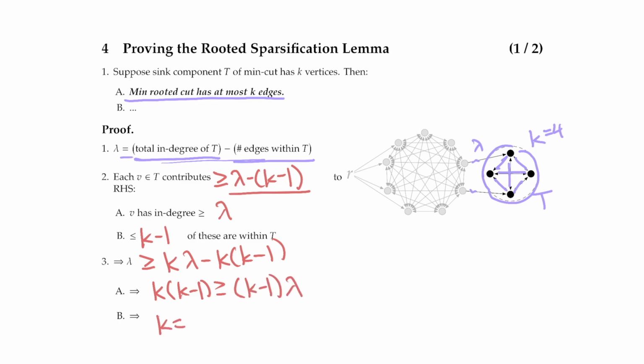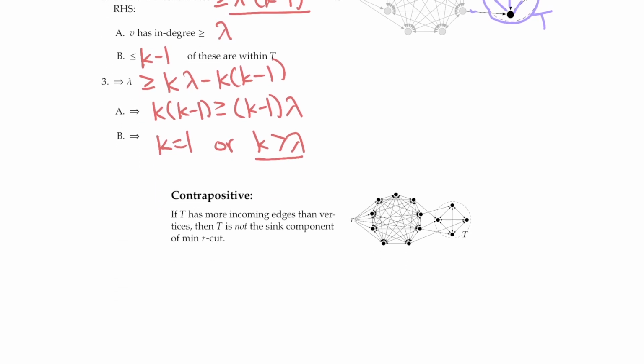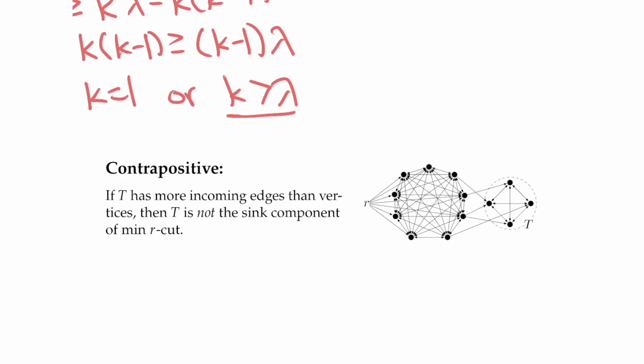So either k is equal to 1 or k is greater than lambda. Okay, so either the sink component is a singleton or k is bigger than lambda. Okay, great. So the contrapositive example might look like this then.